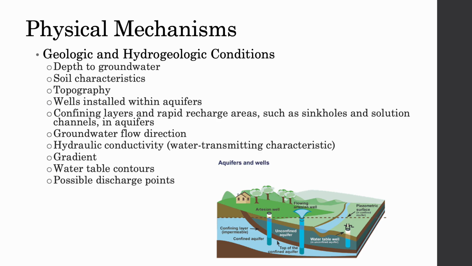So one of them is depth to groundwater. This is super important because you want to know how far away these contaminants are from reaching a groundwater source, a water source, and being a threat to any aquatic life or humans that are going to be consuming that water. You want to know how far away we are from that water, and that goes into soil characteristics, because these are things we need to consider, like I've already mentioned, porosity and permeability.